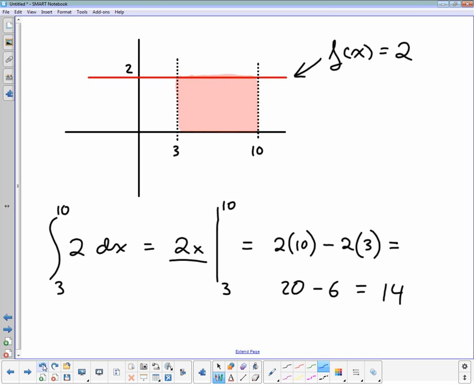My area would in reality be this area from 0 to 10, and then I would subtract off that. You see, that's really what's going on. You're going from one bound to a lower bound. Well, that's the same thing as saying from the upper bound to 0 and the lower bound to 0. That's important.